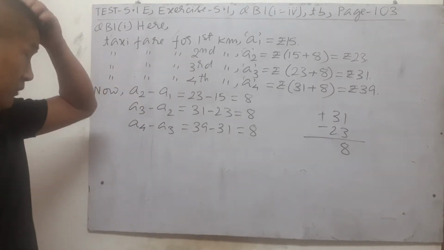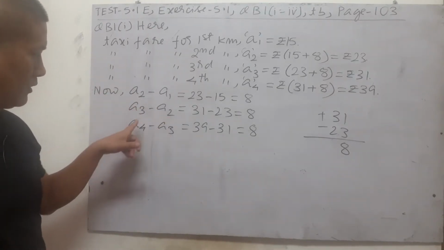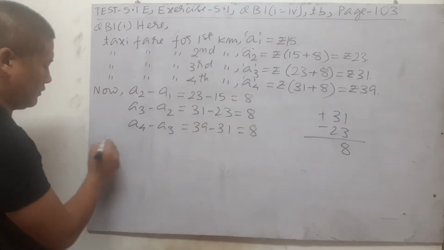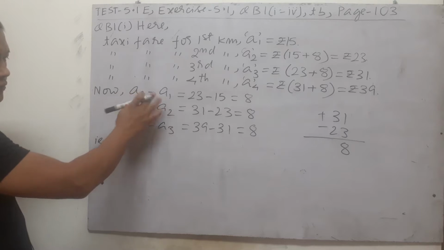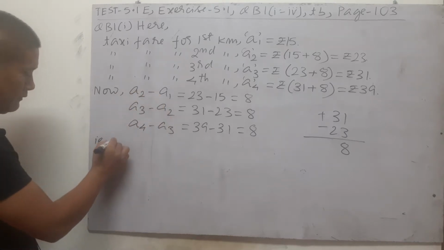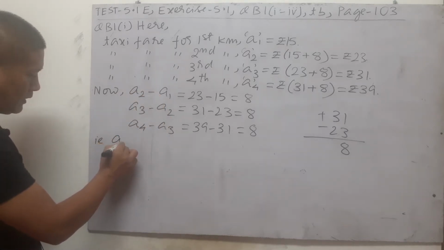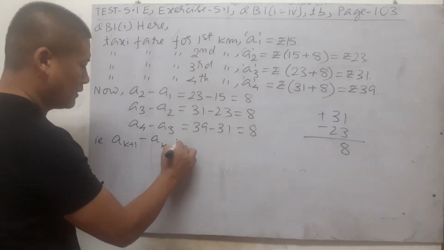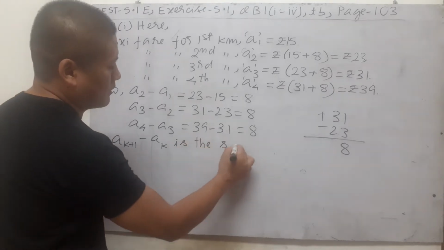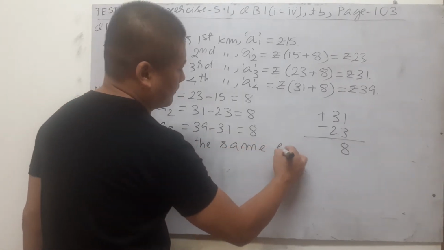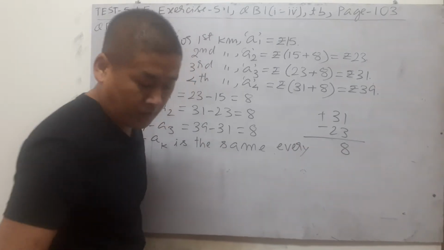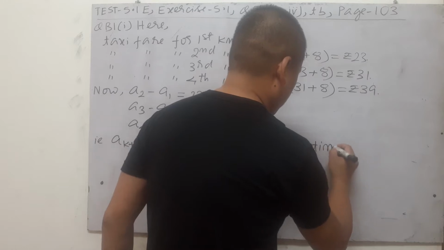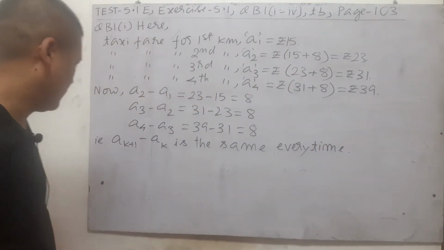So we see that A2 minus A1, A3 minus A2, or A4 minus A3 are all the same every time. So you can write that the subtraction of consecutive terms, given by the formula A(k+1) minus A(k), is the same every time.